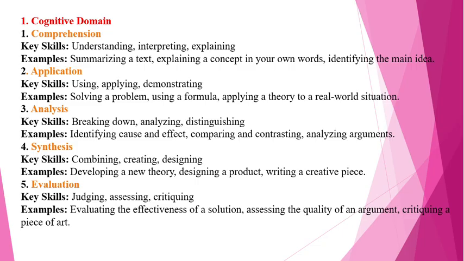The key skills include judging, assessing, and criticism. Examples include evaluating the effectiveness of a solution, assessing the quality of an argument, and criticizing a piece of art. So, these were the five common subdomains of the overall heading, the cognitive domain.